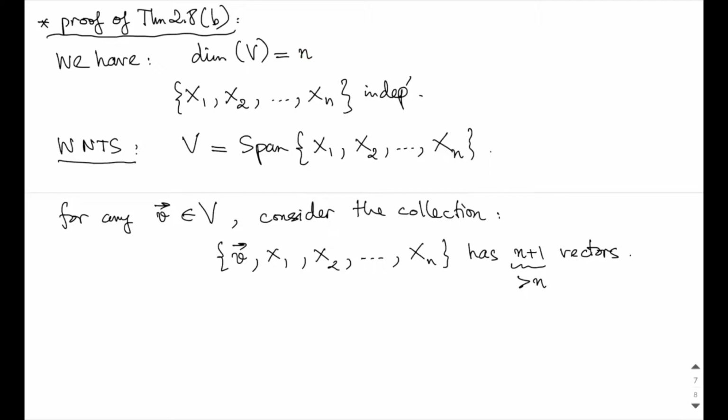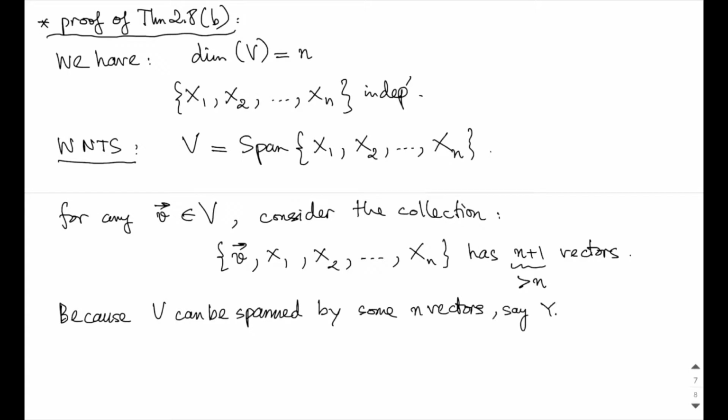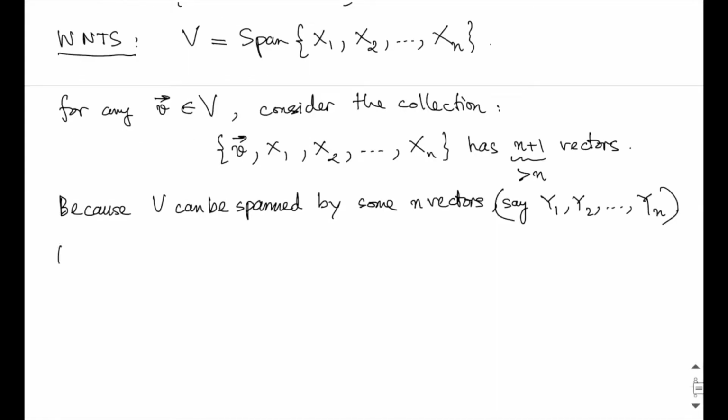That can well be different from the x1, x2, ..., xn. Say y1, y2, ..., yn. So by theorem 2.6, the collection of v, x1, x2, ..., xn, which has more than n vectors, will have to be linearly dependent.